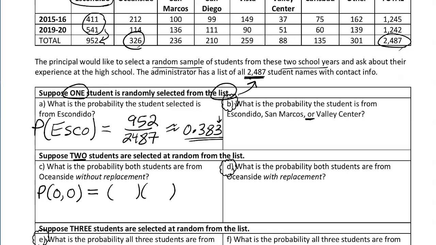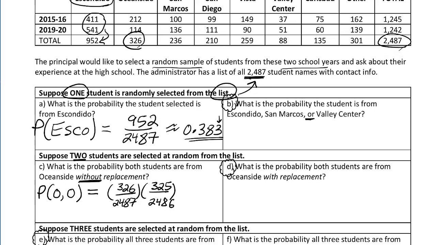Oceanside, we have 326 out of the total, 2,487. And since it's without replacement, I'm going to have 1 fewer on the list now, 2,486. And the numerator is also going to be 1 less because the first set of parentheses represents you have selected one of those Oceanside students, so now you have 1 fewer Oceanside student.